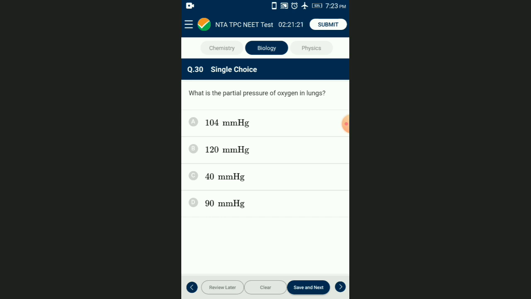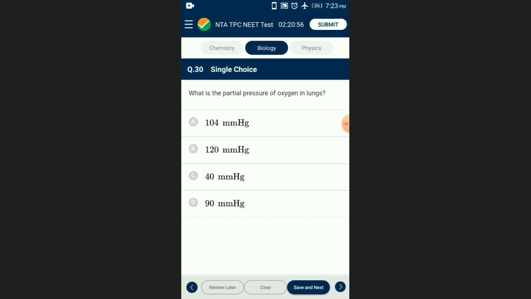It depends on the existing concentration of gases. The atmospheric air is brought into the alveoli, where the actual exchange of respiratory gas occurs by the process of diffusion. Down the partial pressure gradient, oxygen moves from lungs to blood; a gradient of partial pressure is present from alveoli to blood as the PO2.